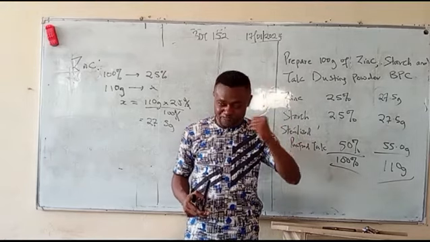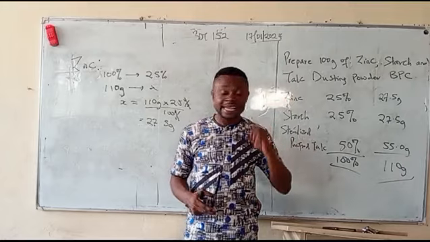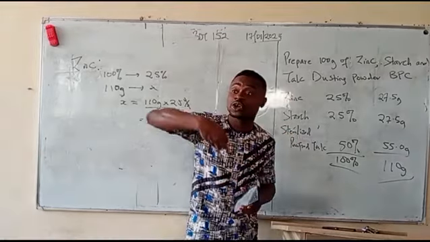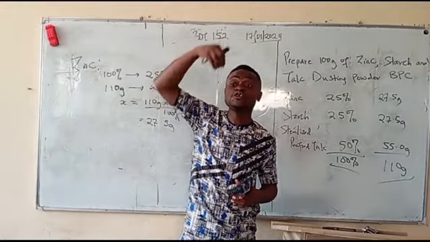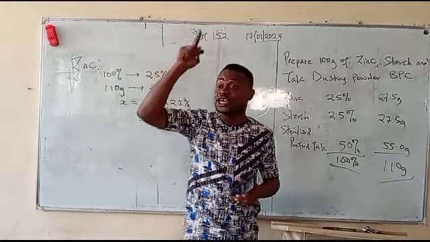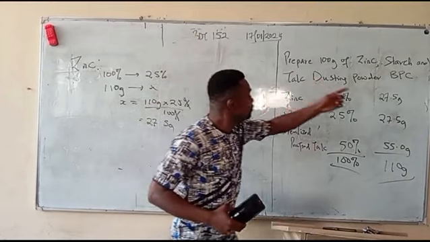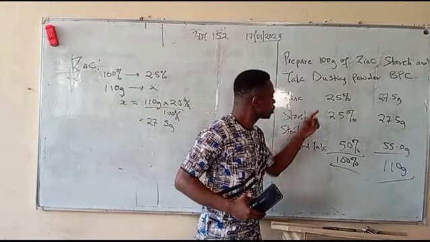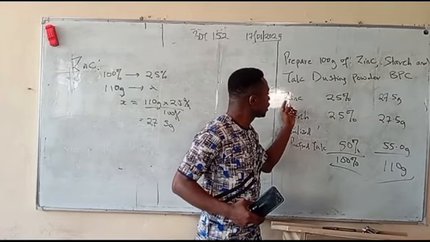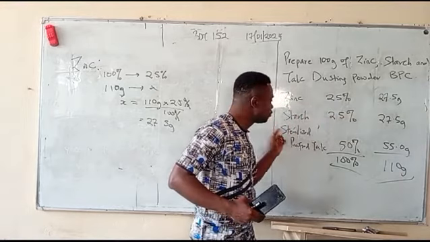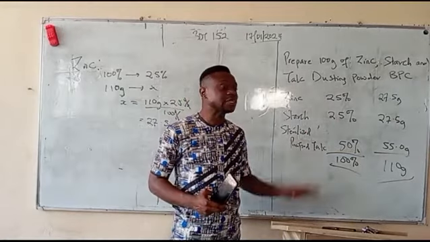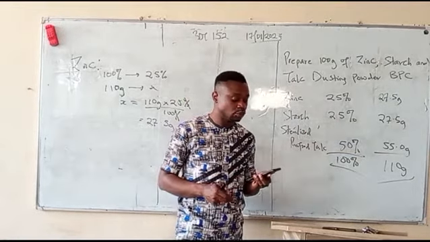If you mix properly, then from whatever you mixed, you weigh out 100 grams. If you weigh out 100 grams from it, it will contain 25 grams of this, 25 of this, and 50 of this, making it 100 grams.